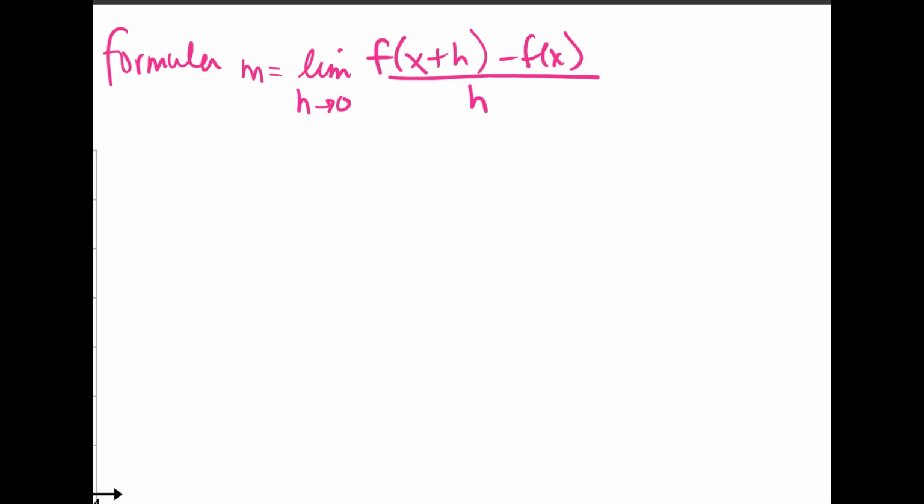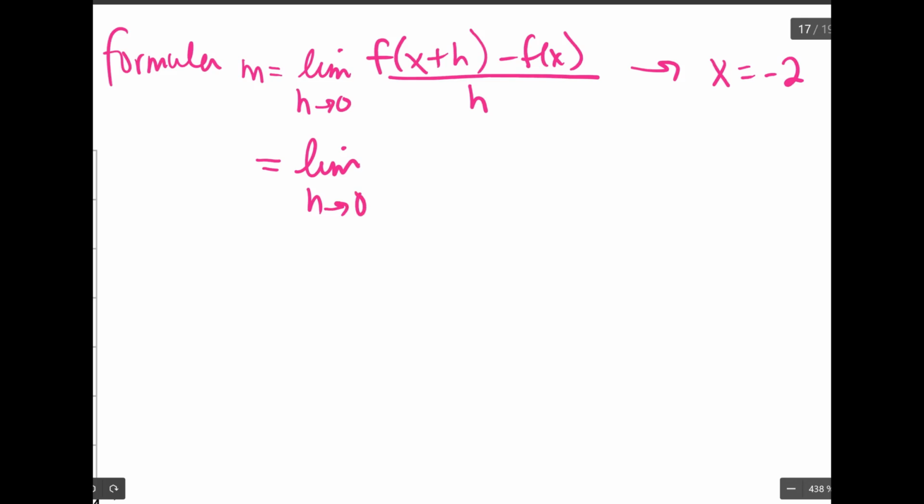Now at what x value am I evaluating this? Negative 2. So I'm going to plug in negative 2 everywhere I see x. I'm trying to approach this systematically so you can follow along with your homework. So f of negative 2 plus h minus f of negative 2 all over h.